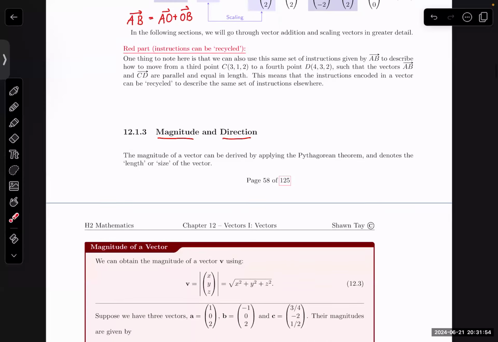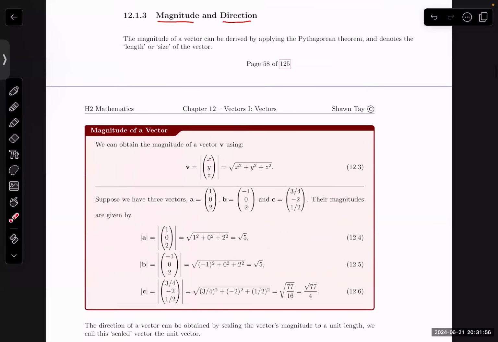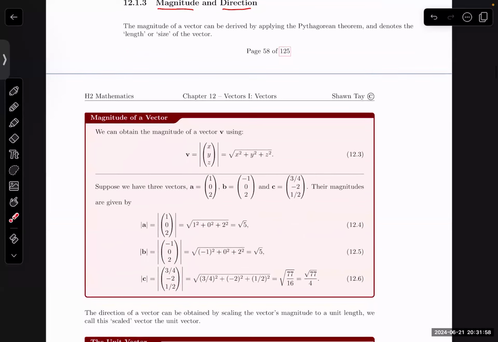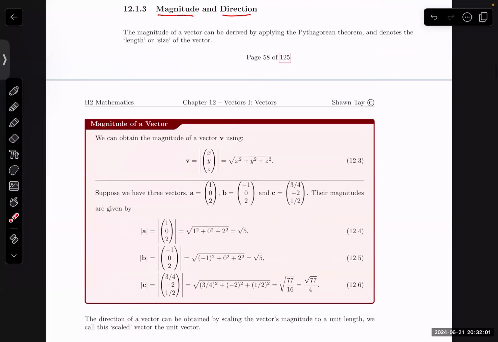To get the magnitude of a vector, you simply use Pythagoras theorem, but you need to apply it twice. I won't show it here because I don't think it's useful; it just looks like applying Pythagoras theorem. If you want to find the magnitude, all you do is take the x, y, and z components, square each one of them, add them up, and square root it. Simple enough.